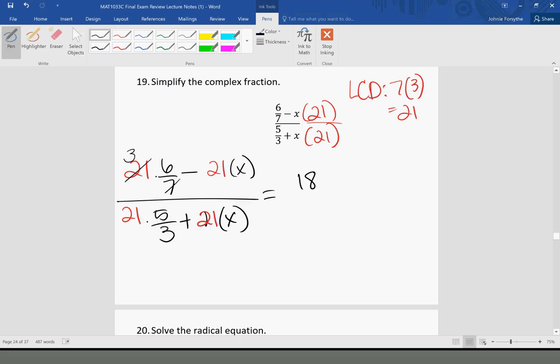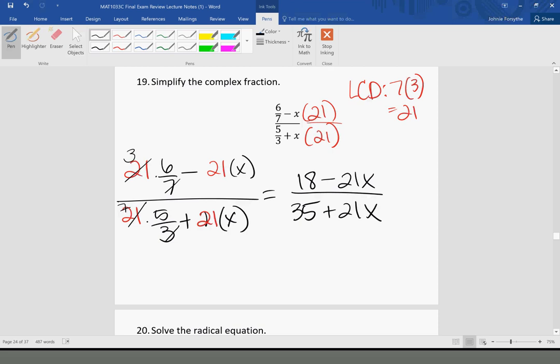So I have 3 times 6, which is 18, minus 21x over 21 times 5 is 105 divided by 3, which is 35. Or you could say 21 over 3 reduces to just 7. So we have 7 times 5, which is 35, plus 21x.